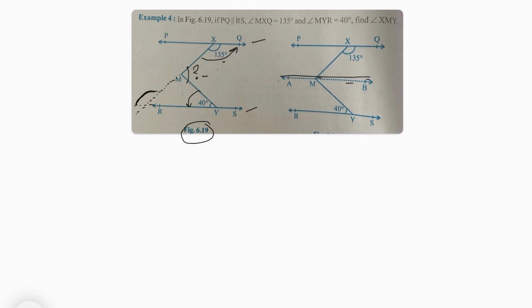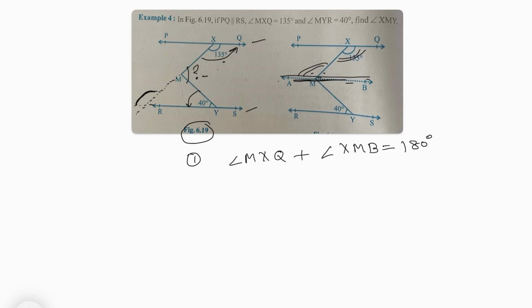So the first relation will be angle MXQ plus angle XMB is equal to 180 degrees, right? Why? When lines are parallel, the opposite angles are equal, and because these angles are on a line, the sum of these two angles will be 180 degrees.